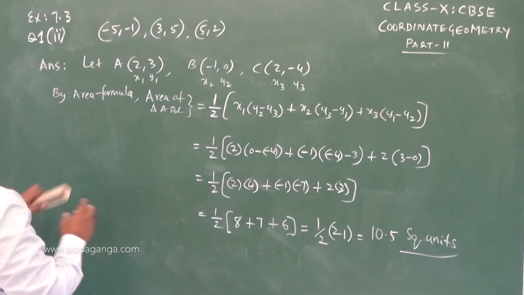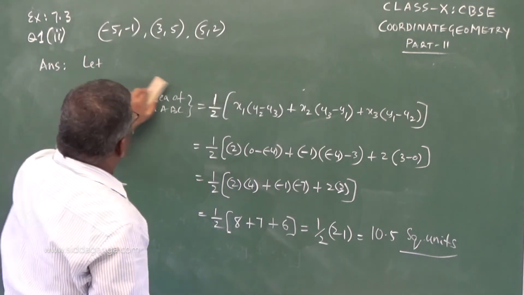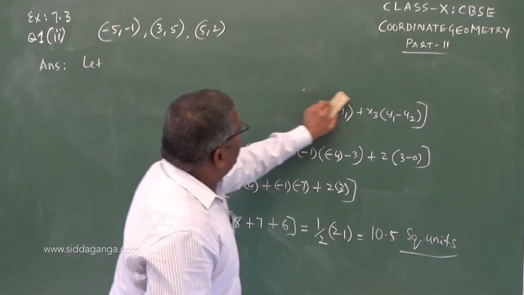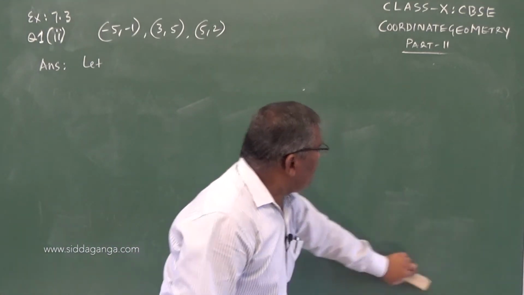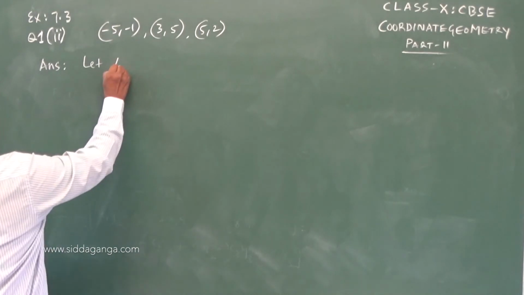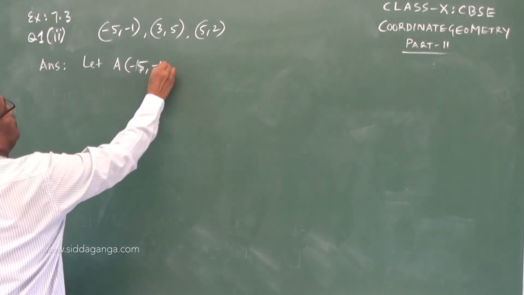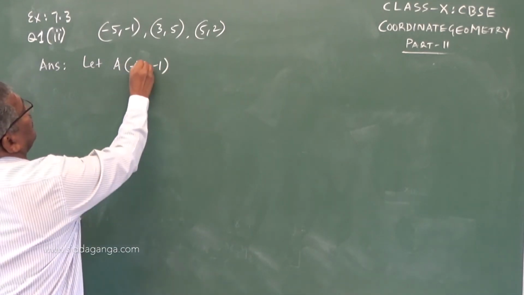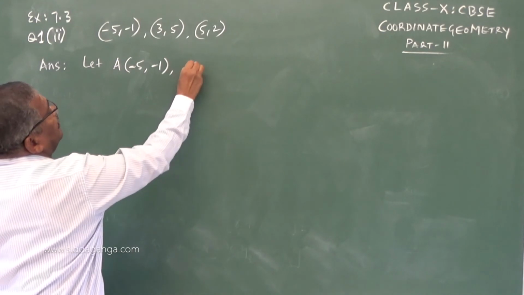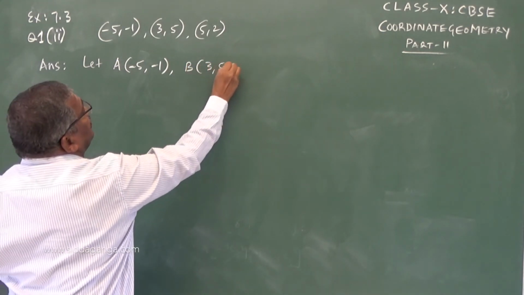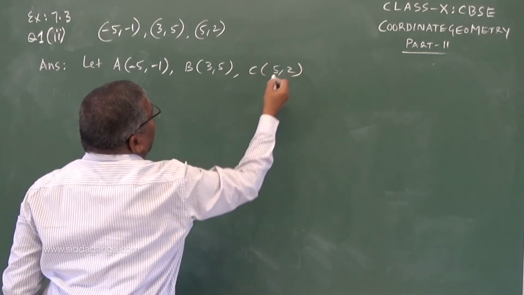So now I will change this. So let A be minus 1, minus 5, minus 1, comma B be 3, 5 and C be 5, 2.